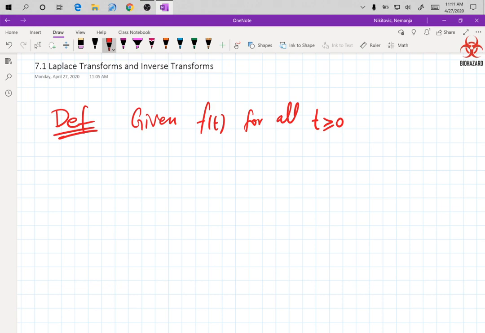So given the function f of t, where t is larger than 0, the Laplace transform, which would be this capital F of s, is, and here it is.